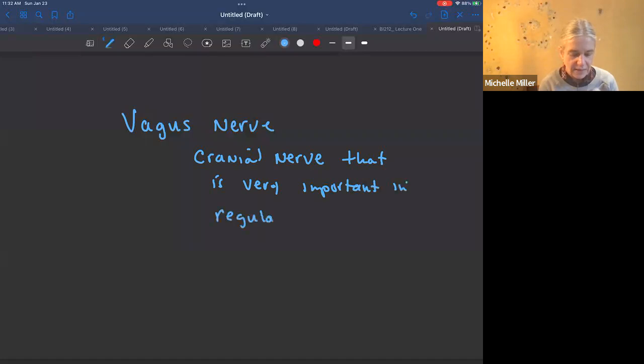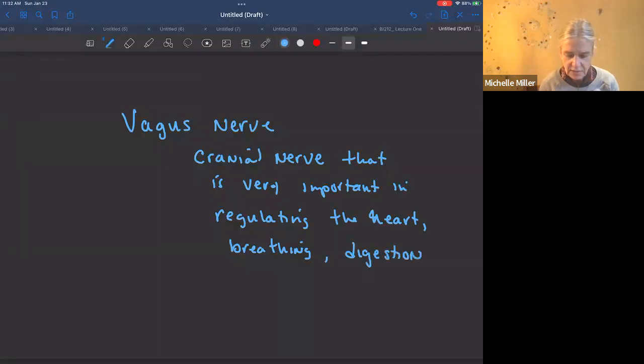It is very important in regulating the heart, breathing, digestion, etc. The vagus nerve stimulates digestive processes, and it slows the heart down.